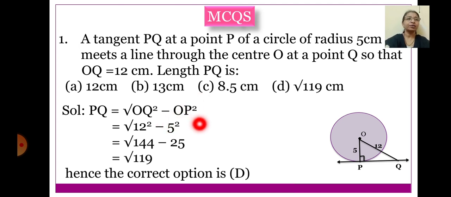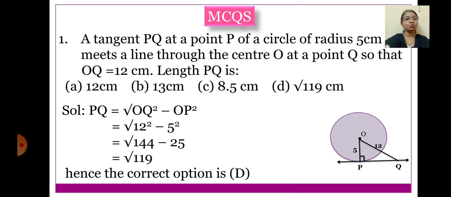You can do it by your own method, or you can go stepwise. By Pythagoras theorem, OQ square is equal to OP square plus PQ square. Then we want length PQ, so shift OP to the other side. So you will get the answer as square root of 119, which is option D. Hence the correct option is option D.